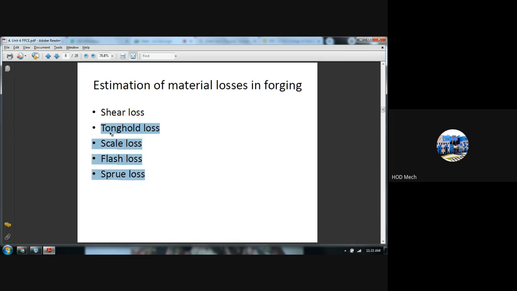Your assignment is simple: as a perfect engineer in an industry, how will you define stronghold loss? For example, I taught you shear loss: cut waste loss. Similarly, stronghold loss, scale loss, flash loss. Please come after checking these four. You can check the source of information anywhere. Let me see in the next class how much better you are performing.